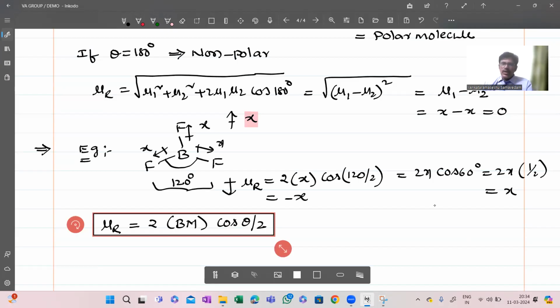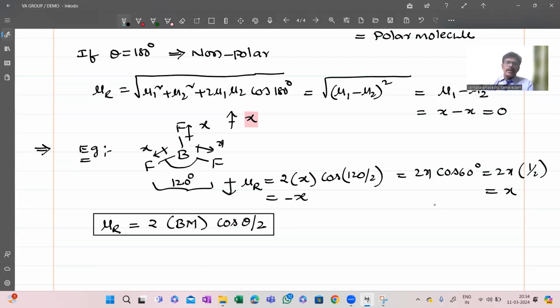Then what is the total resultant dipole moment? Mu total. I will take this x as mu1 minus mu resultant. Mu1 is x, minus x. Only consider the magnitude, that is equal to 0. Why? Because they are opposite.